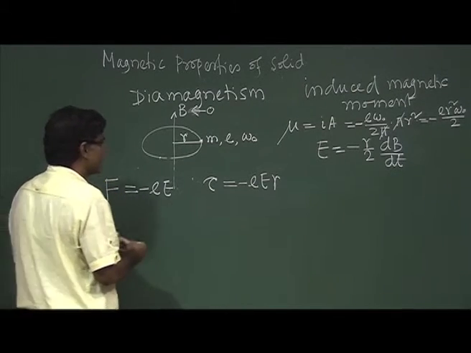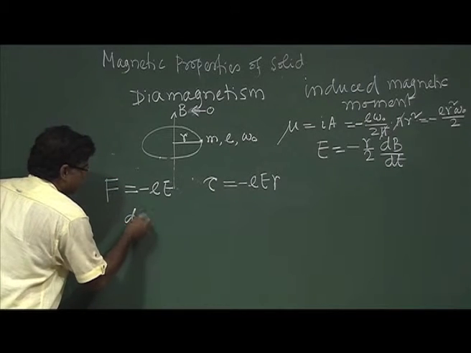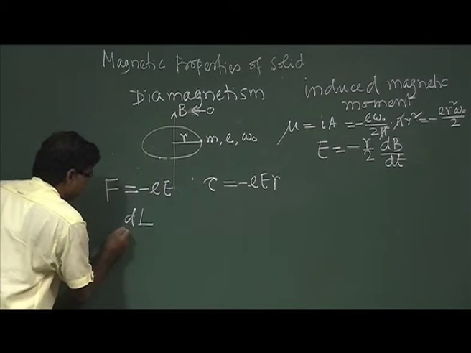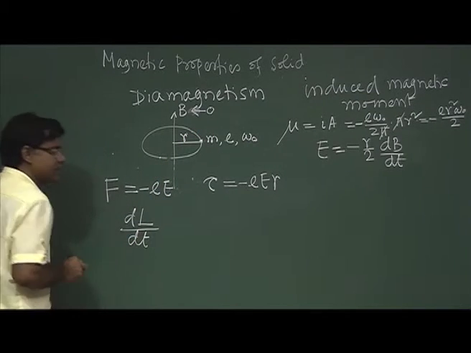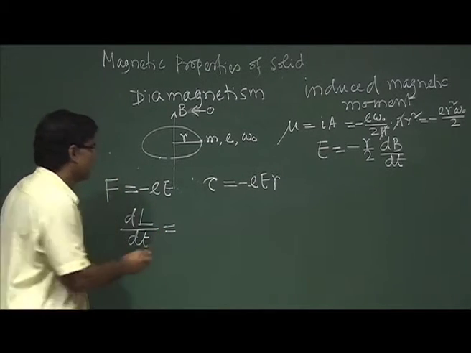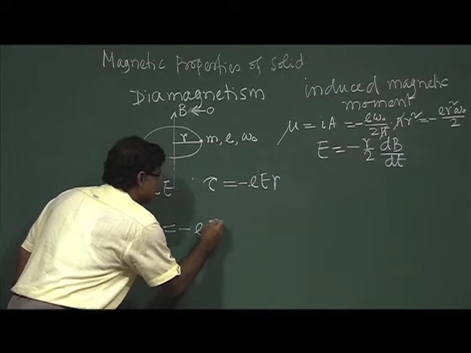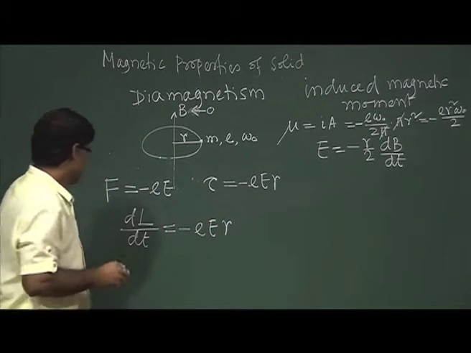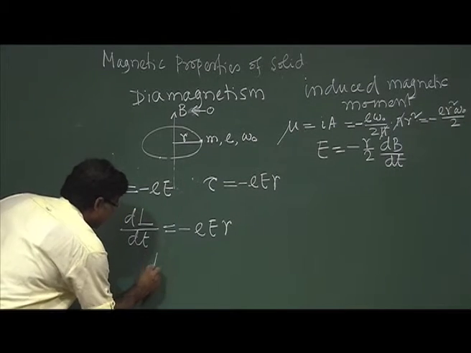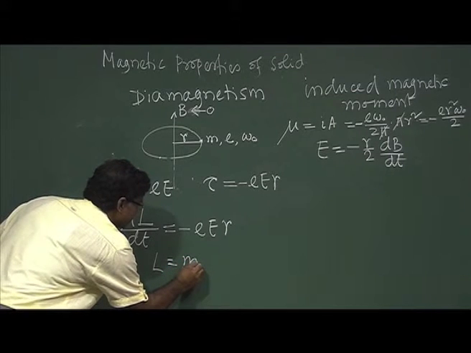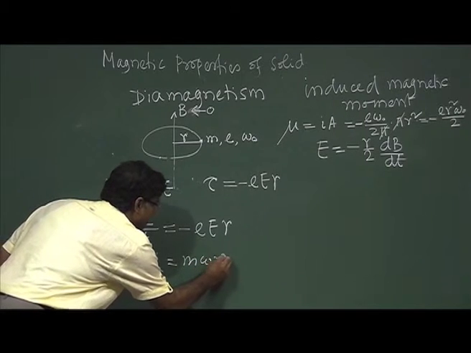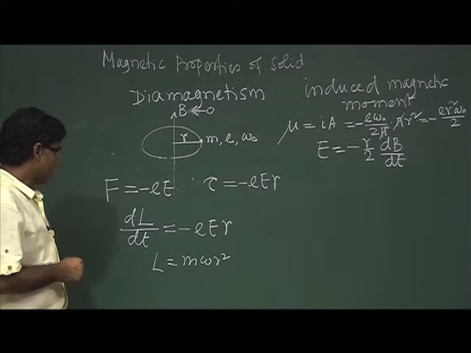So the angular momentum of this electron changes: dL by dt equals the torque, that is minus E R. And L is basically m v r, which is m omega r square.